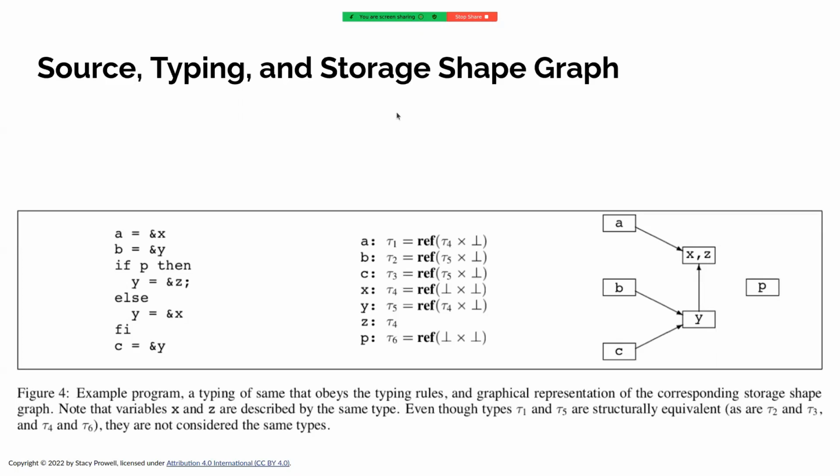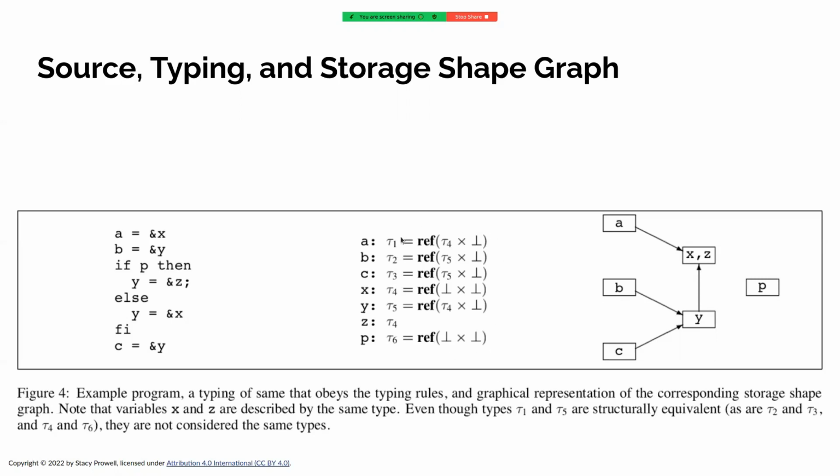One of the main purposes of his algorithm is to do this assignment of types. Here are the variables in the program: A, B, X, Y, P, Z, C. Each one has an associated type, and then I see what I can figure out about that type.